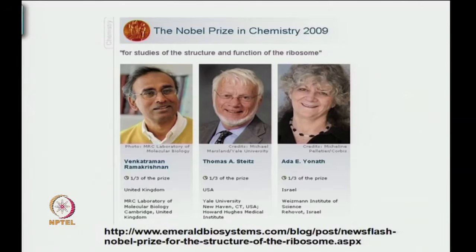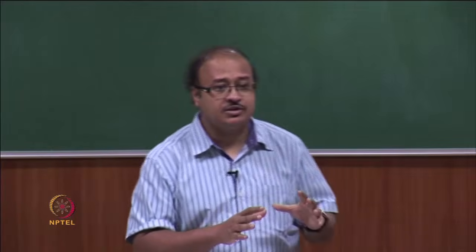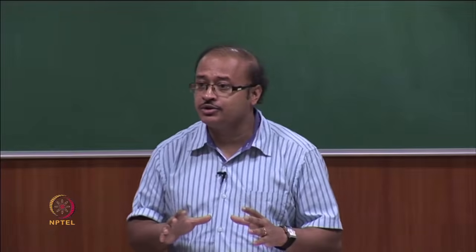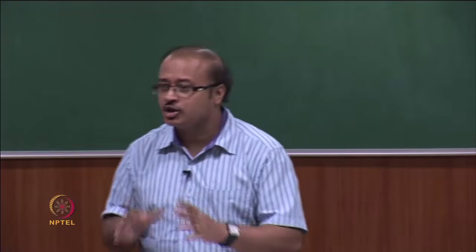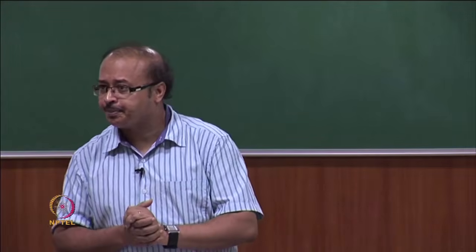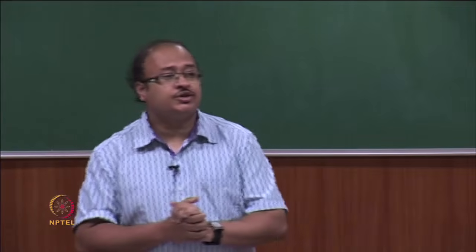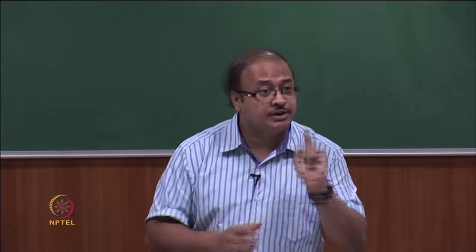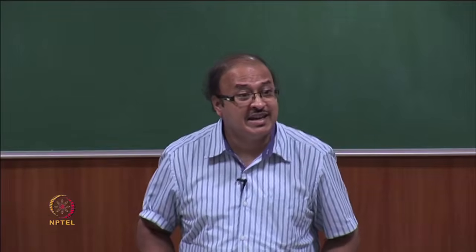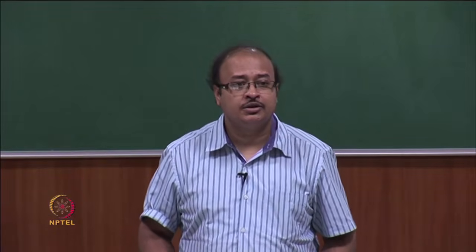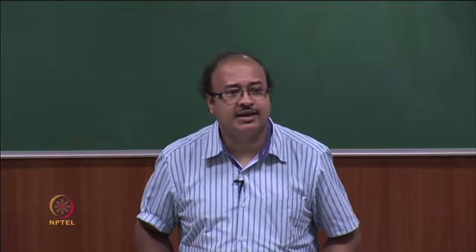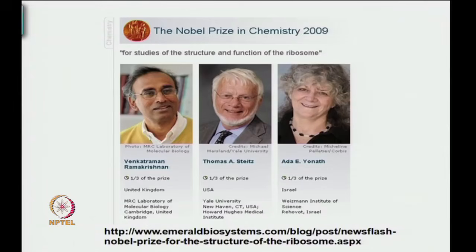Now, to bring this whole discussion into perspective, and this is one of the reasons why I thought I would start this course by spending some time on this topic: in 2009, the Nobel Prize in Chemistry was given to three very eminent scientists. One is Venkataraman Ramakrishnan of Cambridge.